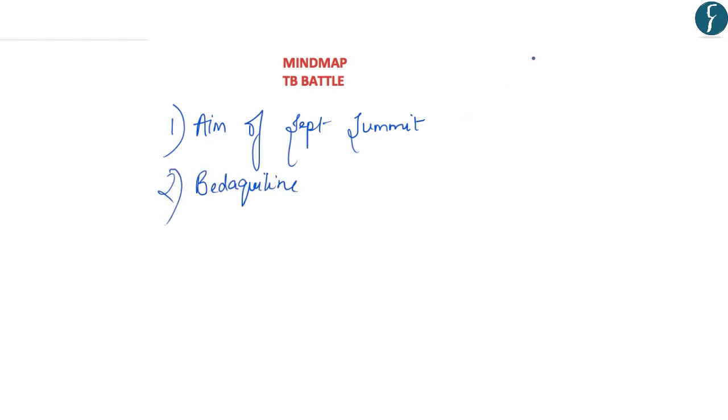So let's move forward. Now we have just discussed that the members of the United Nations General Assembly have decided to set up a fight against TB, and for that, a summit will be held on 26th September in New York.